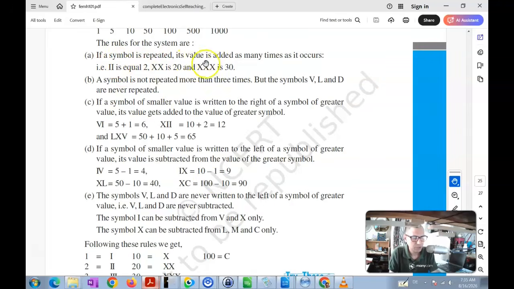So if a symbol is repeated, its value is added as many times as it occurs. So for example, a 2 is equal to, so essentially a 1, when you repeat it twice, that means that the value is added as many times as it occurs. So the value of this would be a 2.